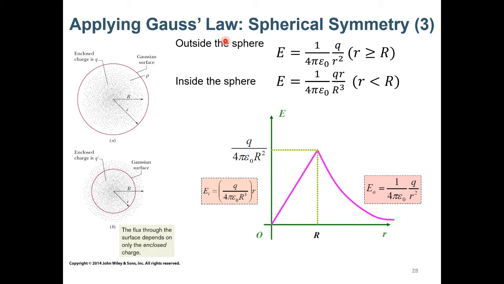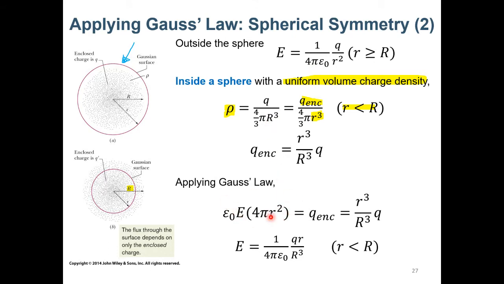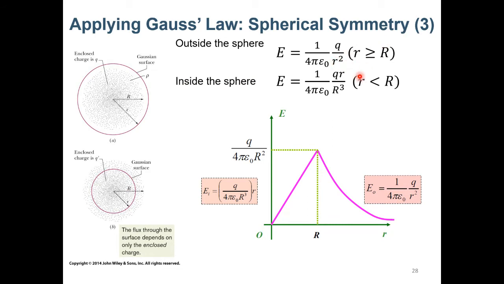For outside the sphere, it is trivial, because when we apply Gauss's law, all the charge is enclosed by the Gaussian surface. So Q enclosed is Q, for r larger than capital R. So for the outside part, E is kQ over r squared, just as if all the charge were distributed at the center.